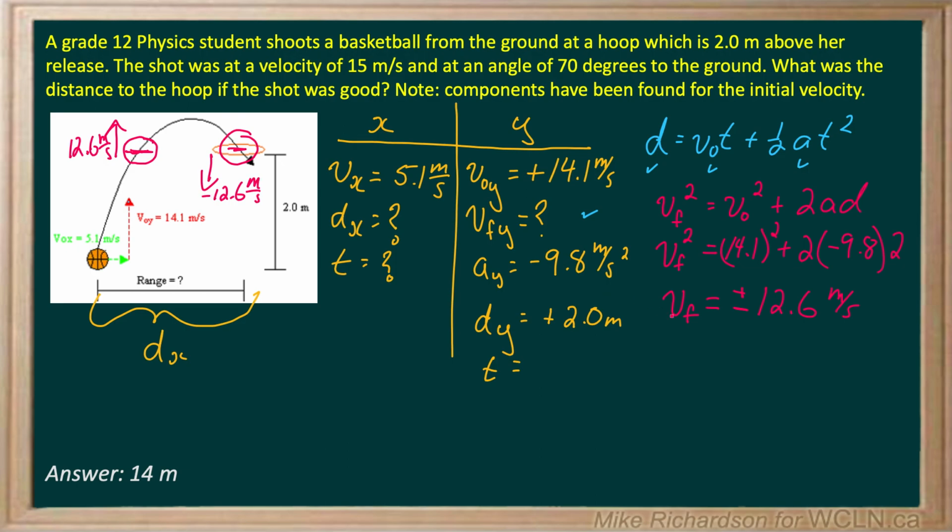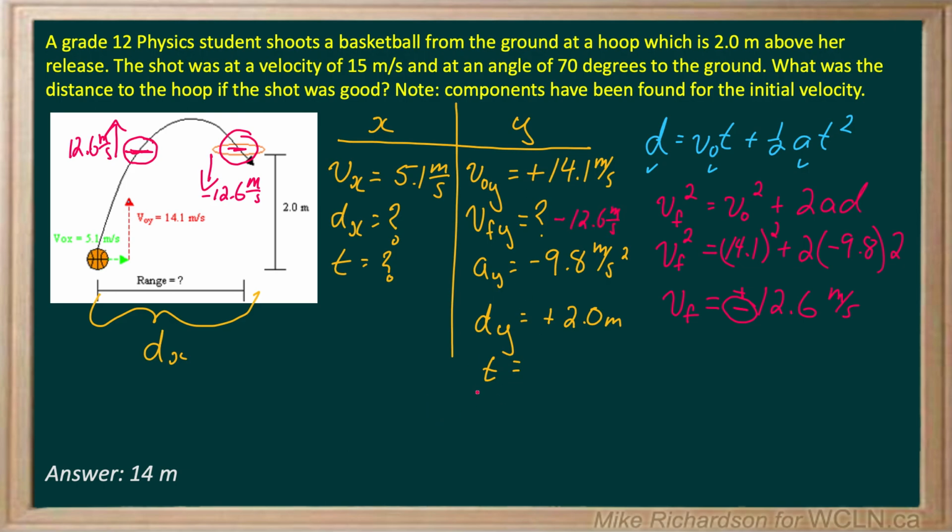And obviously we want that velocity. So we want to use the negative one because that's the velocity when it's actually going through the hoop. So our final velocity when it's passing through the hoop, we're going to write that down as negative 12.6. If you don't put the negative in, this question does not work. So right here, we're going to say negative 12.6.